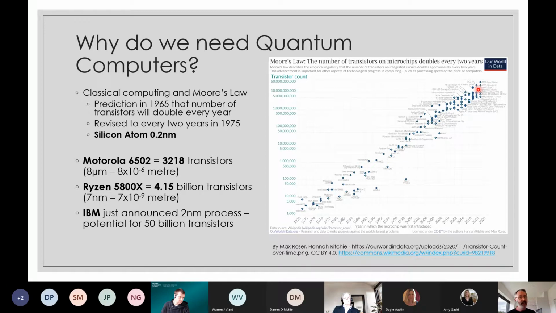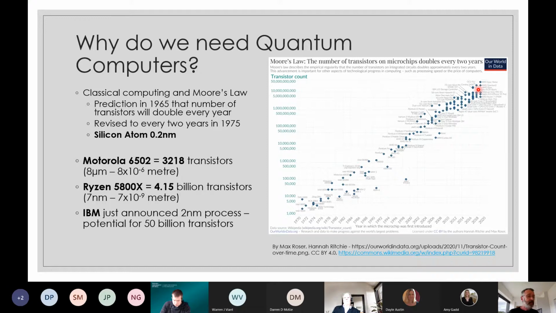But life moved on, and if you take one of the latest processors that you could put in a PC, the AMD Ryzen 5 8000X, that's got 4.15 billion transistors. So it's a little bit more complex. It's basically 1 million times more transistors than we had in the 1980 microprocessor, and it's based on a 7 nanometer technology.